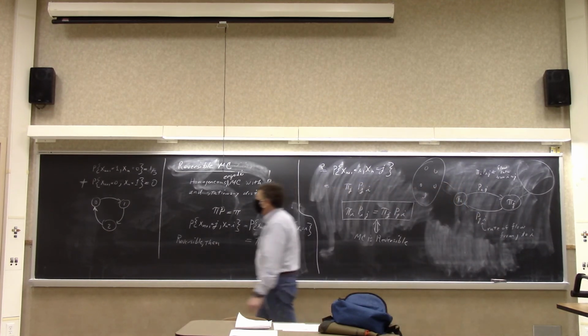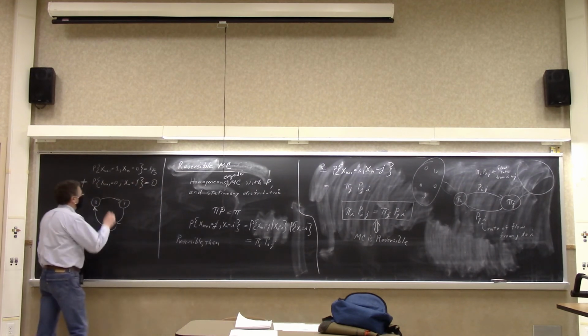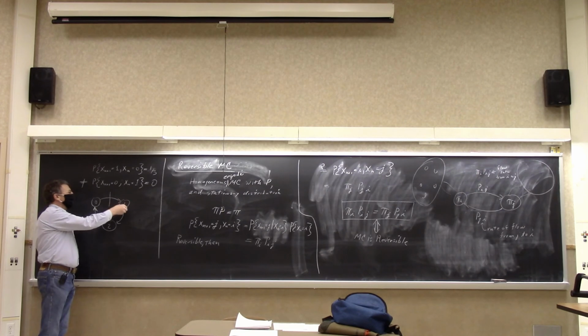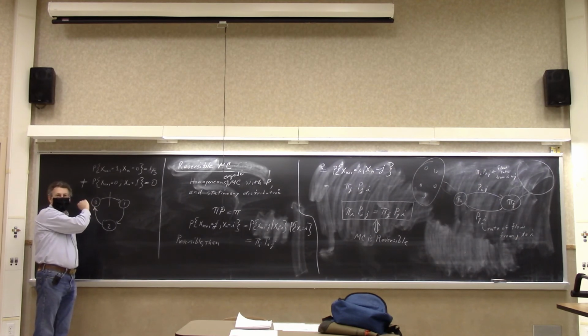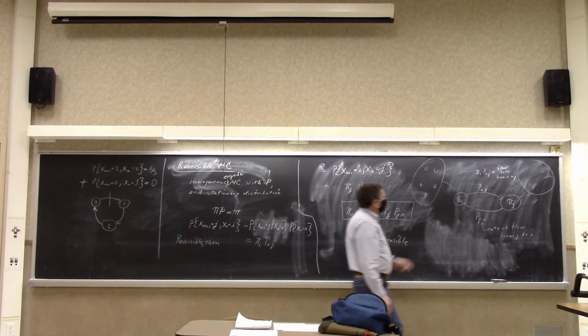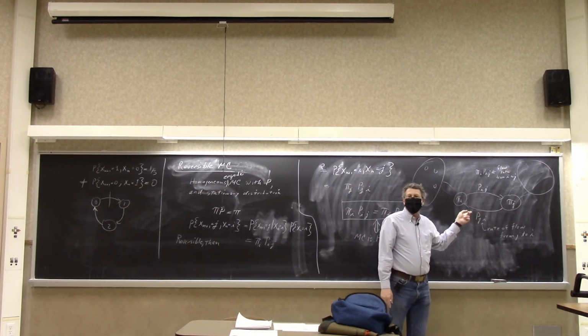So here the flow rate is not in balance because if I draw a line between those two states, I go from 0 to 1 more often than I go from 1 to 0. Okay, in fact, I never go from 1 to 0, and I go from 0 to 1 all the time, okay? So, well, not all the time, but a lot, okay? So that's the key thing, okay?